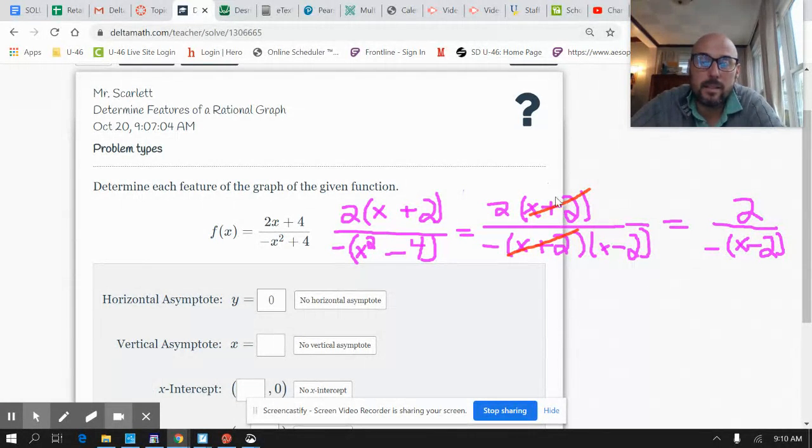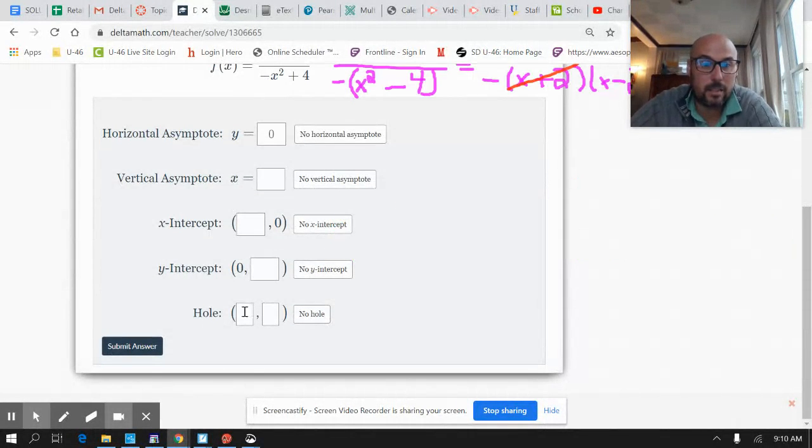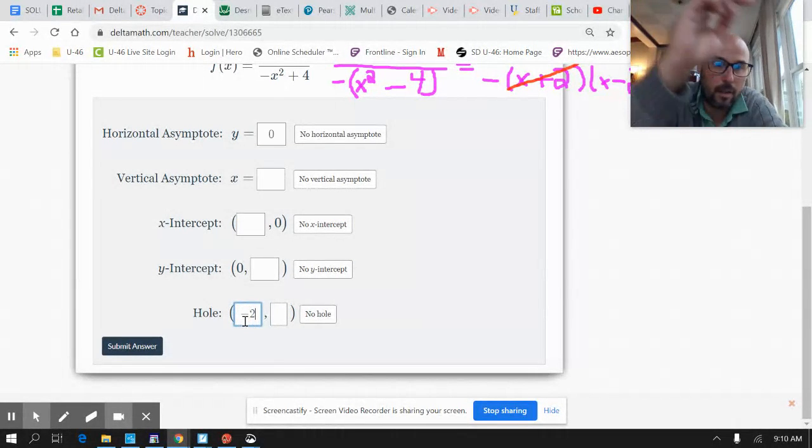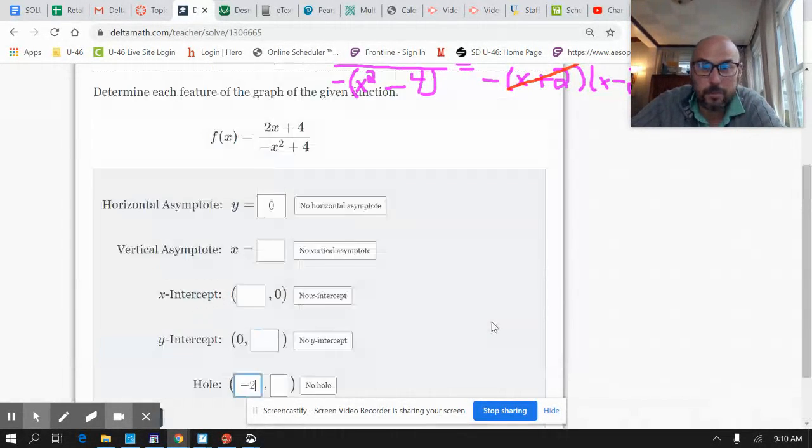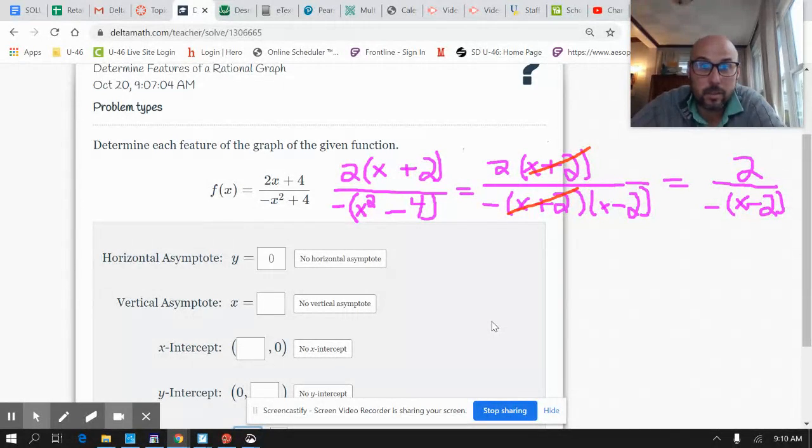Well, since this canceled out, that tells me that there is a hole at x equals negative 2. What's the y value? Well, you have to plug in negative 2 to find it. You can't plug in negative 2 into here because you would divide by 0. Nor can you plug it into here because you would divide by 0.